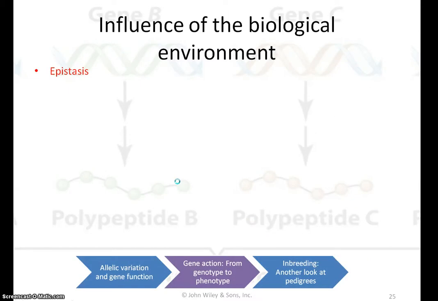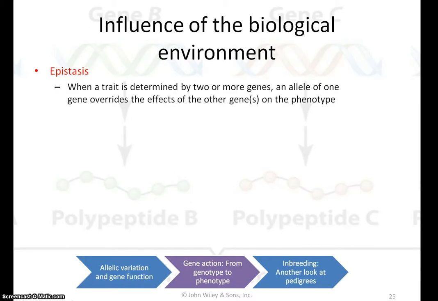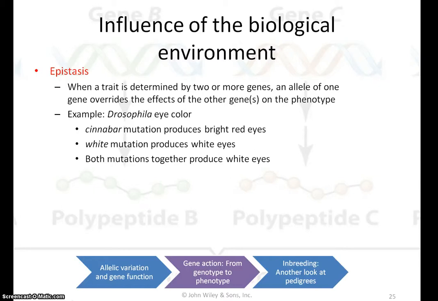Okay, yet another example of the biological environment and its influence on phenotype, something called epistasis. Epistasis is defined as whenever a trait is determined by two or more genes, an allele of one of them can override the effect of the other on the phenotype. An example, going back to Drosophila eye color, we've seen a lot with cinnabar in this chapter.